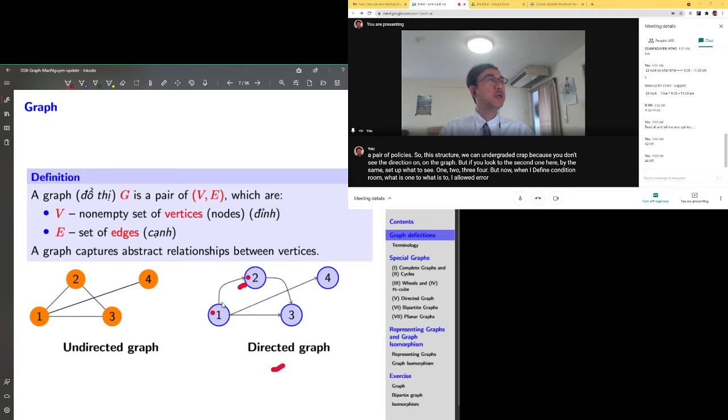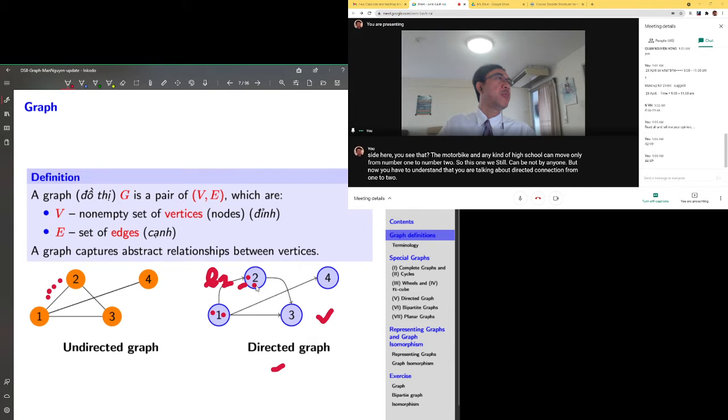Two-way we can show on the left-hand side here: the car and the motorbike can run both ways, from 1 to 2 and from 2 to 1. But in the second graph on the right-hand side, you see that the motorbike and any kind of vehicle can move only from number 1 to number 2. So this one we can still denote by E1, but now you have to understand that you are talking about a directed connection from 1 to 2.